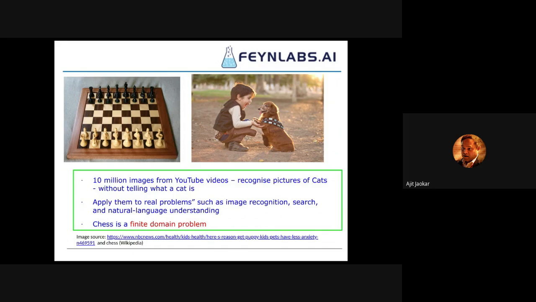But the problem on the right hand side is very easy for a child to do, but it's actually impossible for a computer to do. The reason this problem is hard for a computer is because it is what is called an infinite domain problem. The problem is very simple: to identify that that is a dog. The reason it's an infinite domain problem is that there are many variants around a core theme.